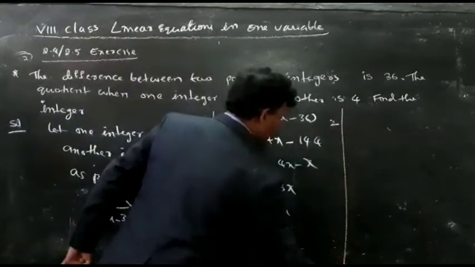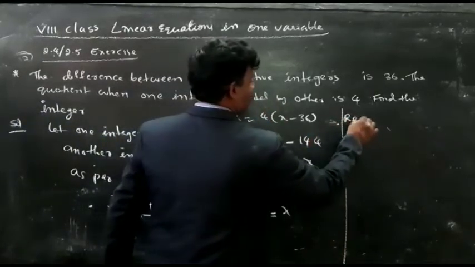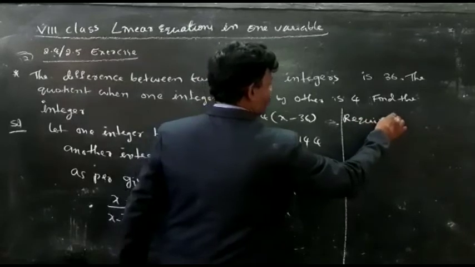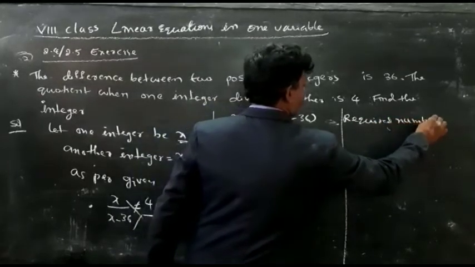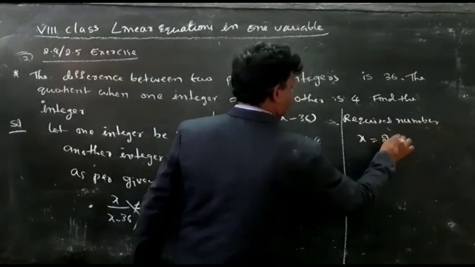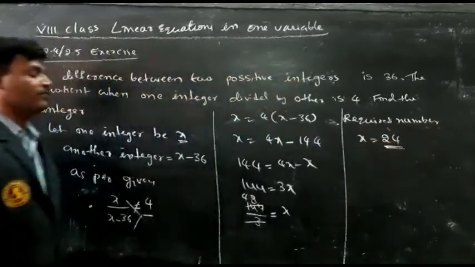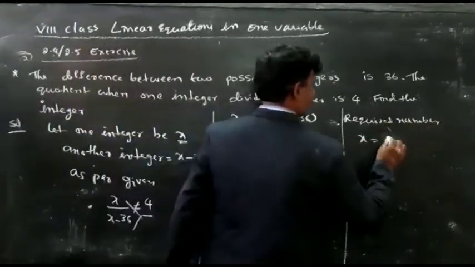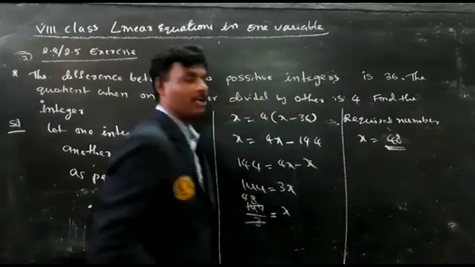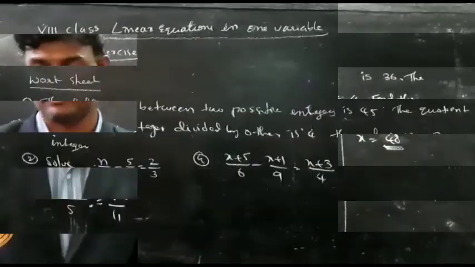So what is the required number here? x is equal to 48. Sorry, 48 is the required number.